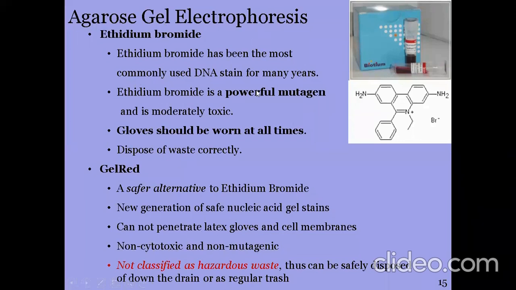Ethidium bromide is toxic and a potential mutagen, but gel red is non-toxic and non-mutagenic and not classified as hazardous waste. Ethidium bromide is a hazardous waste, and gel red is not. This can be safely disposed of down the drain or in regular trash. Actually, ethidium bromide cannot be disposed of in the regular trash.